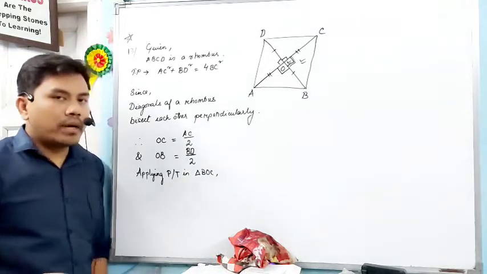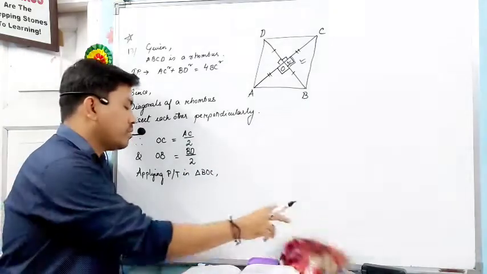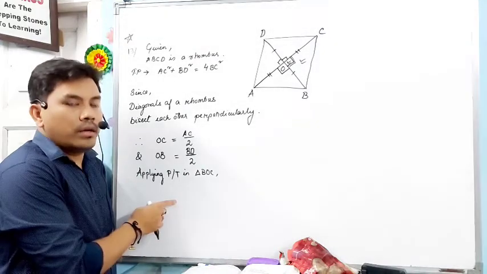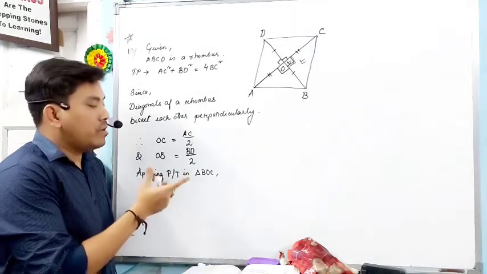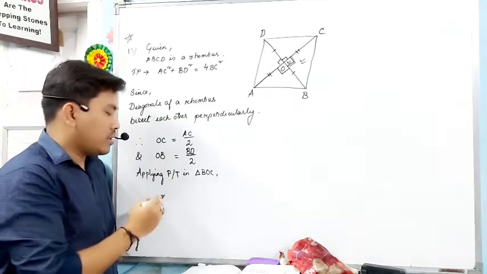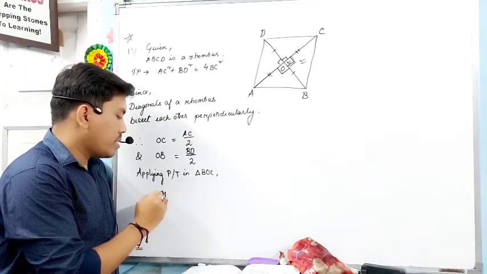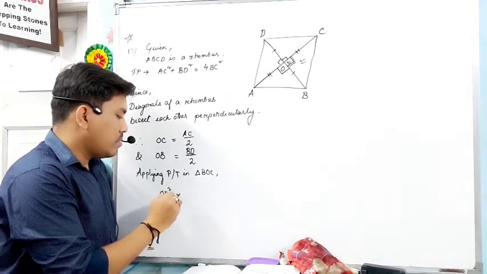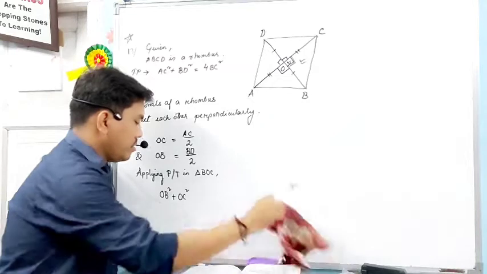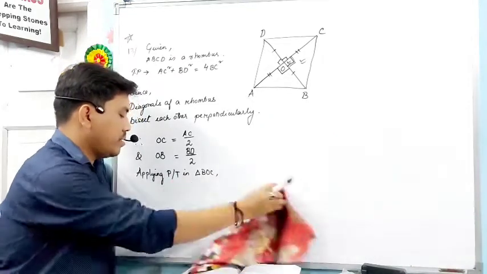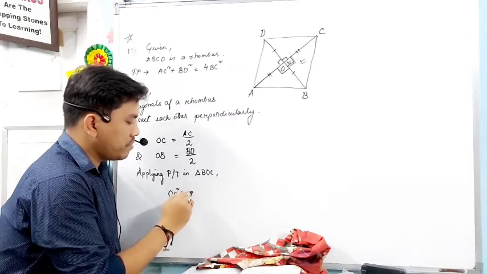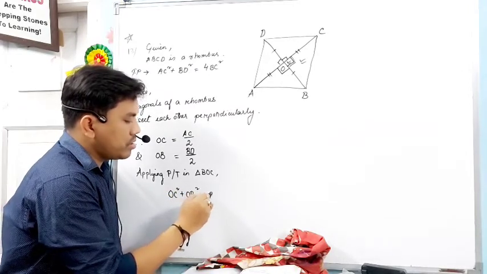Okay. Generally we write the hypotenuse square in the left hand side. This time we will write the sum of the squares of the other two sides in the right hand side. So can we write OB square plus OC square, or we can write OC square plus OB square. Same thing.